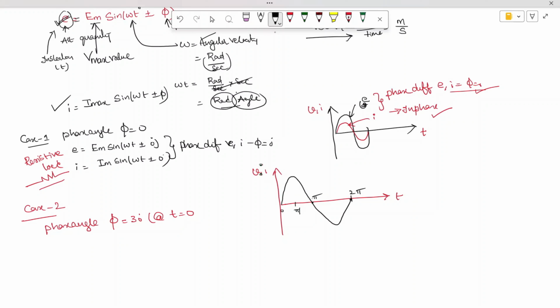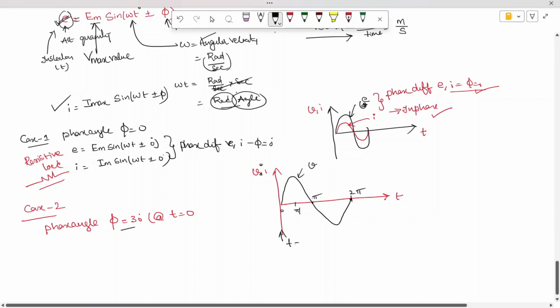So we have 0, 1, and once again 0. This is an equation of e. Here the phase angle is 30 degrees, so how to get it? This is the instant at time t equal to 0. At t equal to 0 we should have a phase angle of 30 degrees.